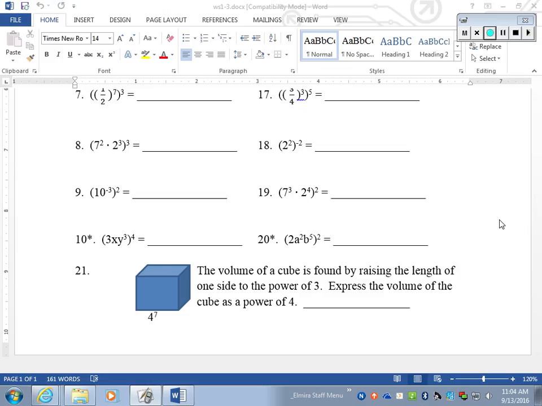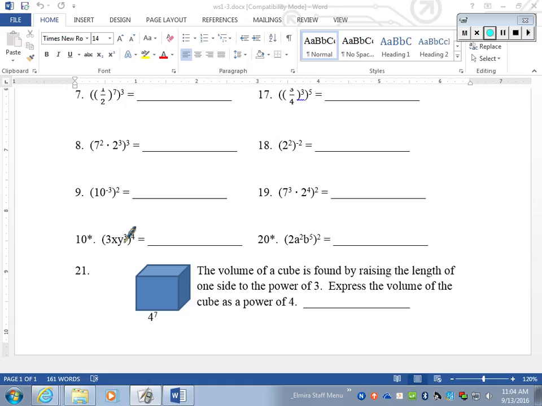So I'm going to give a little bit of a hint here for those of you who are watching. Keep in mind that there's an invisible exponent of 1 next to the 3. There's an invisible exponent of 1 next to the x, and the y has the third power.